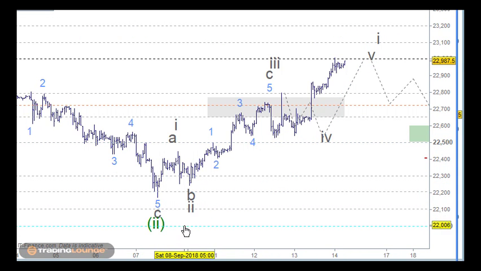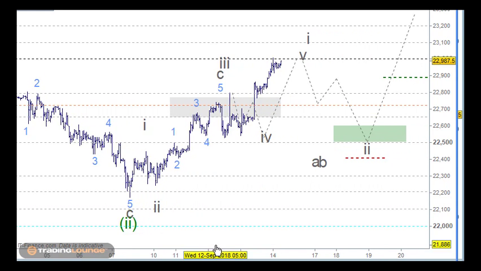So we were counting this before in terms of wave 1, so we don't need that anymore. In fact, we can count this a little bit differently now, so just bear with me a second.